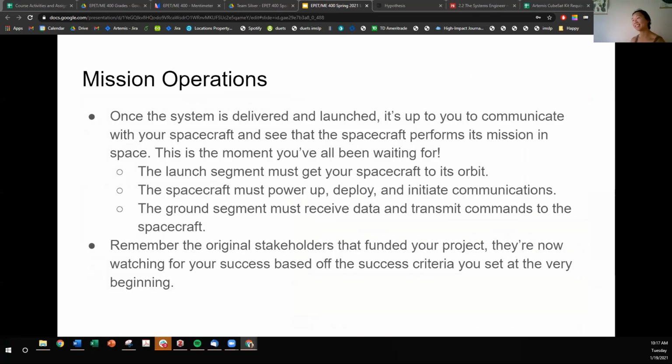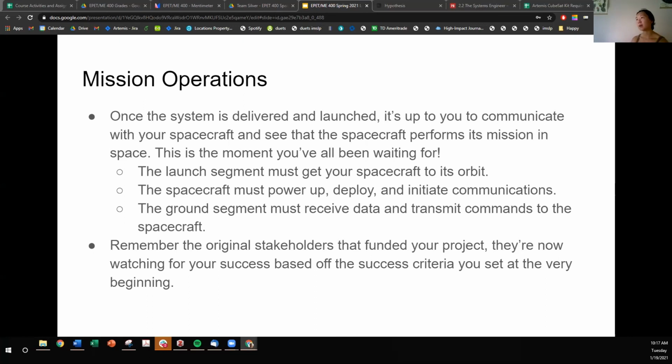Finally, the moment we've all been waiting for, once the system is delivered and launched, it's up to you to communicate with your spacecraft and see that the spacecraft performs its mission in space. This phase incorporates a lot of different events, like the launch segment or the rocket, getting your spacecraft to its orbit, the spacecraft powering up, deploying, and initiating communications, and the ground segment receiving data and transmitting commands to the spacecraft.